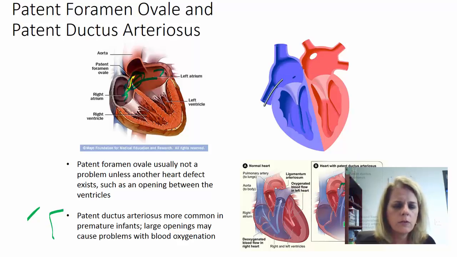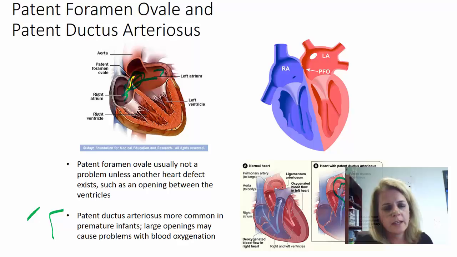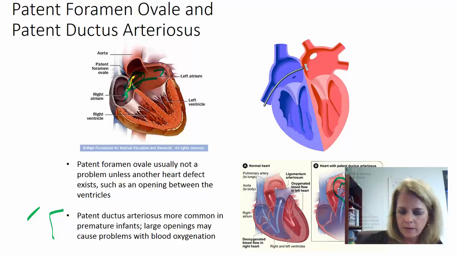And so now your right ventricle is pumping deoxygenated blood right into the aorta, and so you are going to get more mixing of deoxygenated blood and oxygenated blood going into the aorta, which can lead to poor oxygen problems in the periphery. Okay, so a patent ductus arteriosus would be more critical and in more need of repair than a patent foramen ovale.